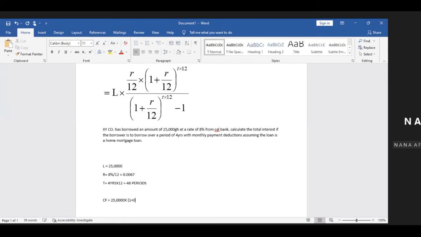Yes, madam. It was r divided by 12, yes. That's 0.0067. Then we close the bracket and raise it to the power 48.